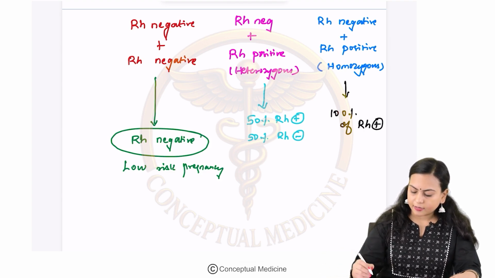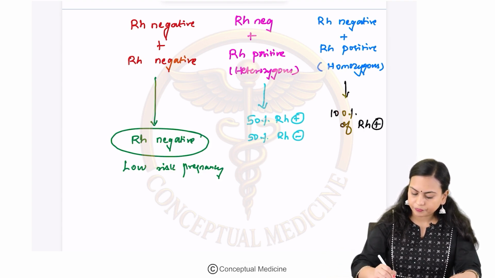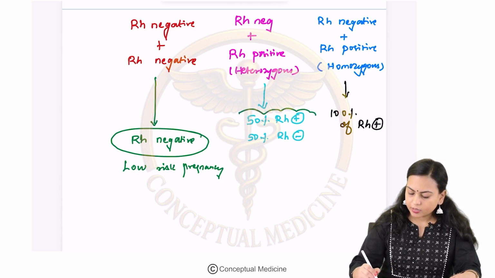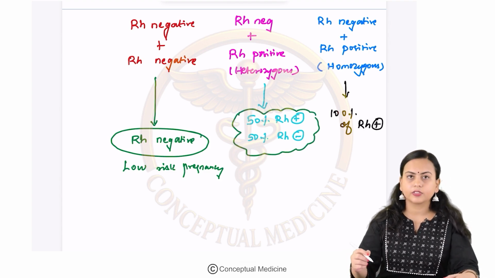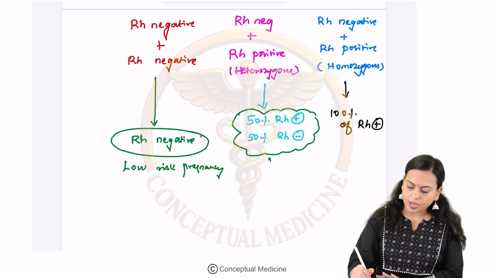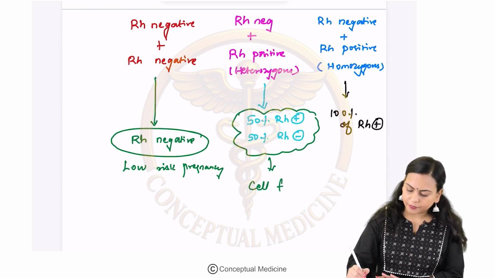Now, we can rule out this Rh positivity or negativity of the fetus by doing a cell-free DNA test.